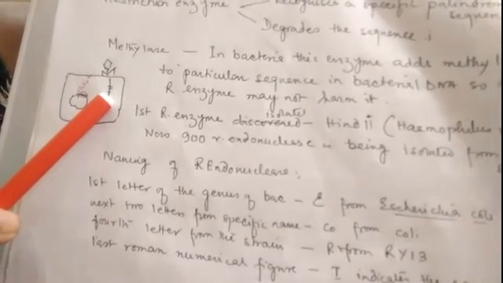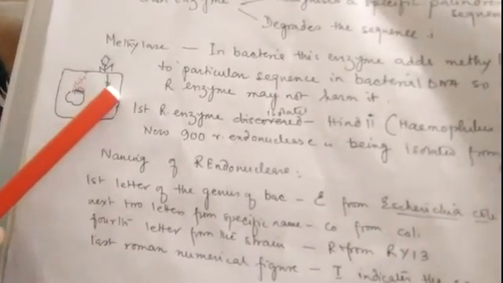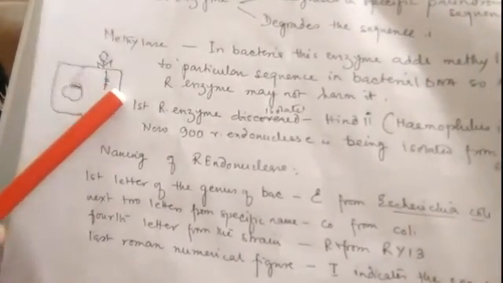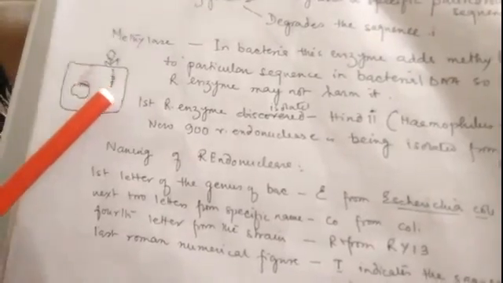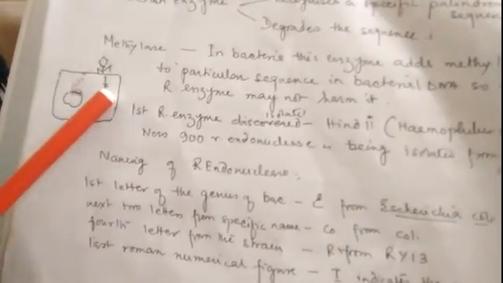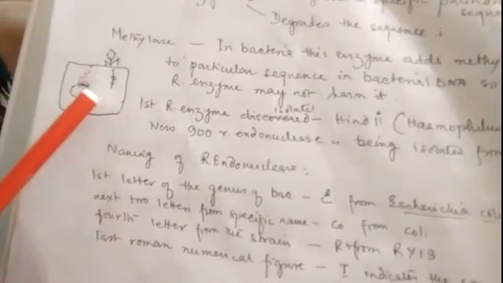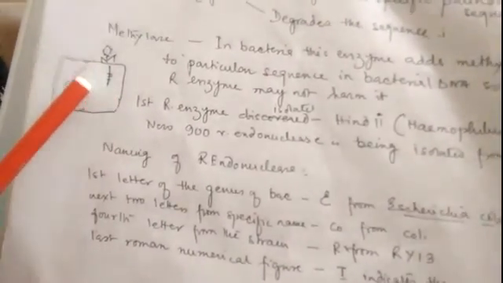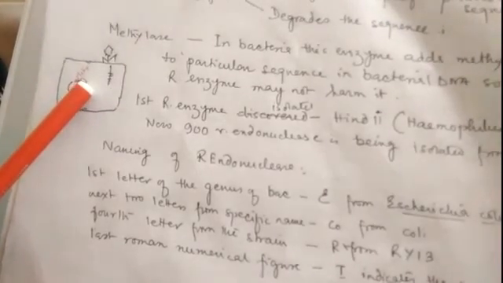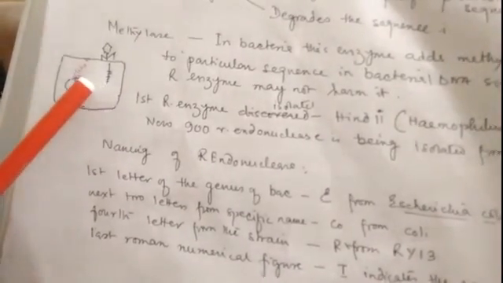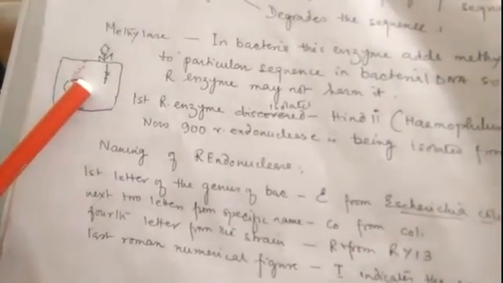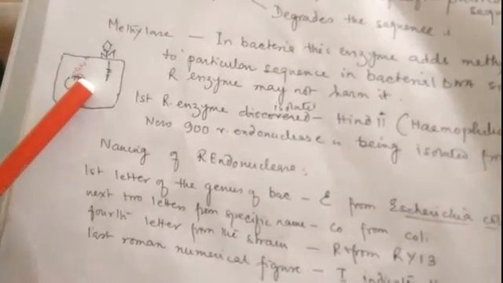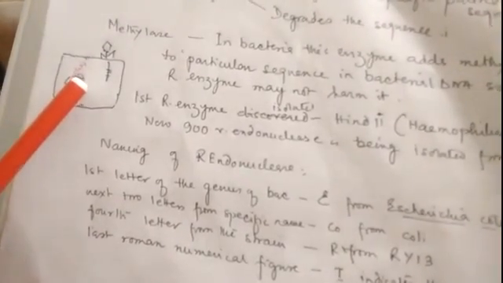Now what is the role of methylase? Suppose this is the site of the restriction endonuclease where it will cut, but that site may be present in the bacterial DNA also. So to protect their own bacterial DNA having the same sequences, clear, they produce the enzyme called methylase.